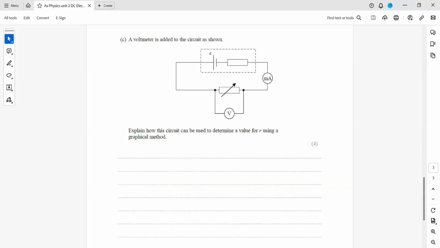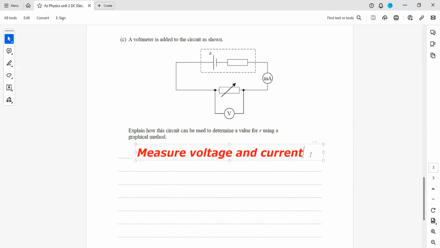So first we'll measure the voltage and the current. Using a voltmeter, we'll measure the voltage, and current by the ammeter.